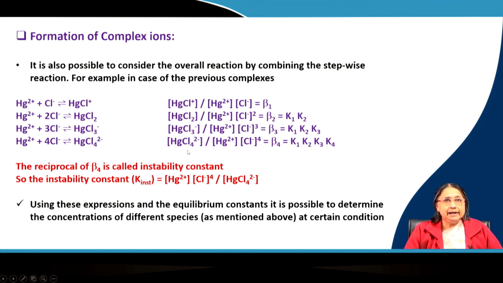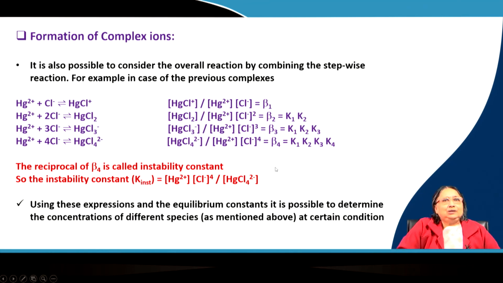And if you take the reciprocal of the beta term, it will be the instability constant, written as K inst. So, in case of beta 4, this is the reciprocal of that one.